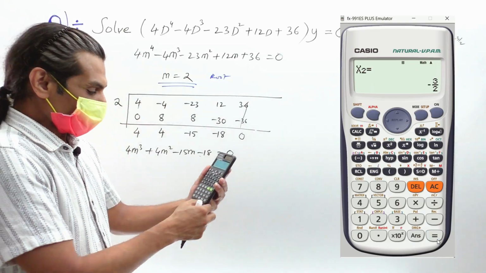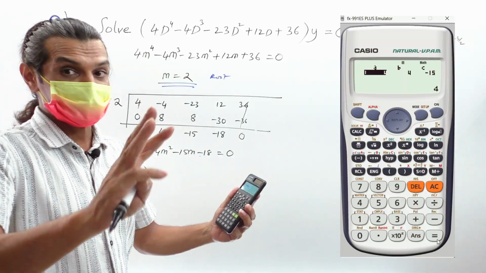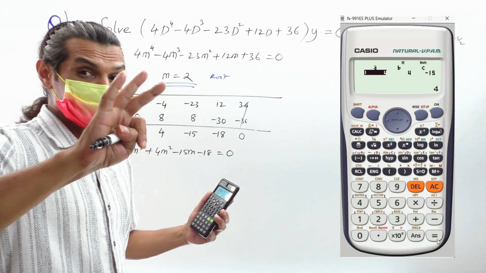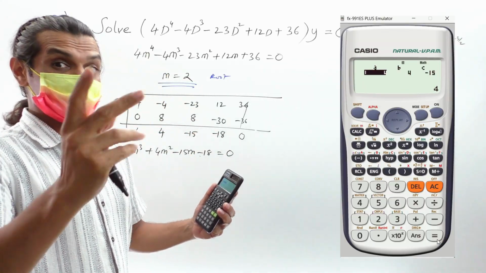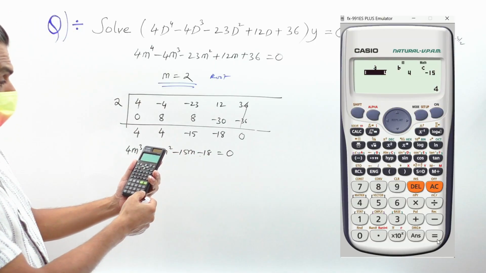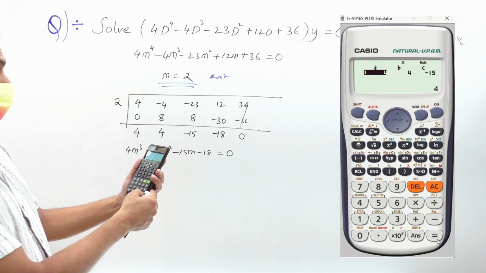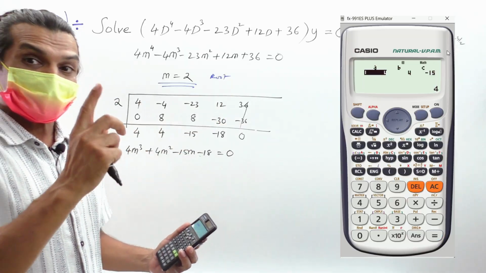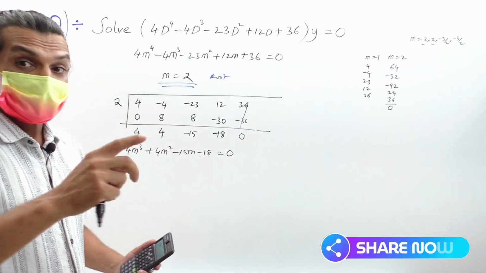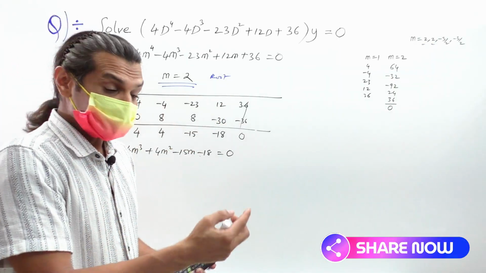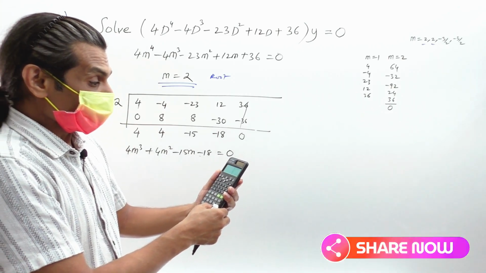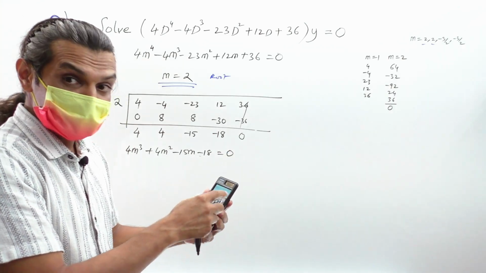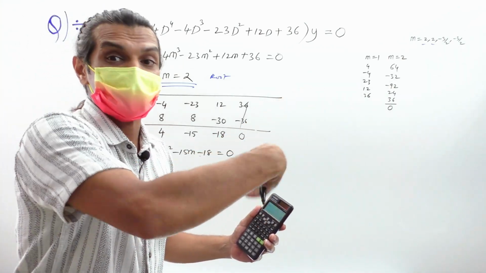See here again. After that, if you press, I am not getting x3. The calculator needs to show 3 roots, x1, x2, x3. But again, if you press equal to, what am I getting? x1 is 2, x2 is equal to minus 3 by 2, and again equation. That means m1 is 2, then minus 3 by 2, then the last root is a repeated one as discussed.